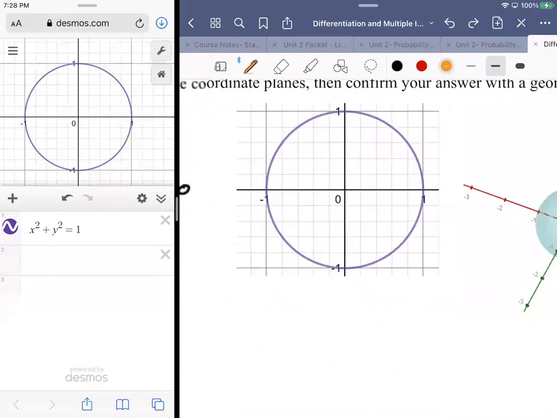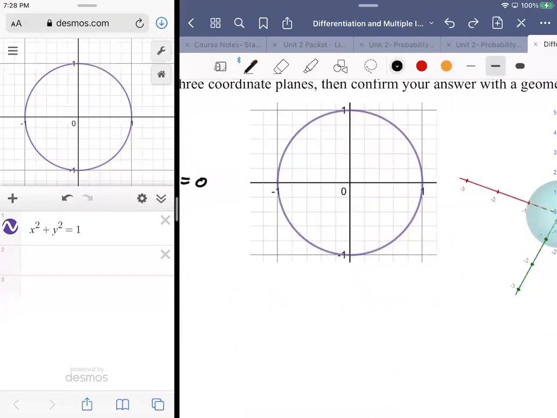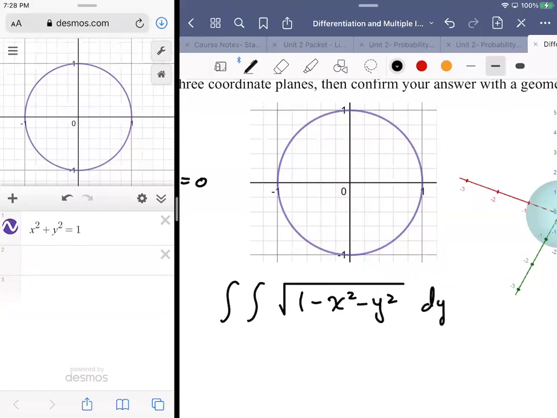So I'm just going to decide right now that we know it's going to be a double integral, with my function z, which is the radical of 1 minus x squared minus y squared. I'm going to do it with respect to x first. You know what? I'll do it with respect to y first.